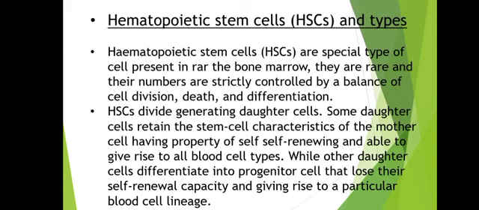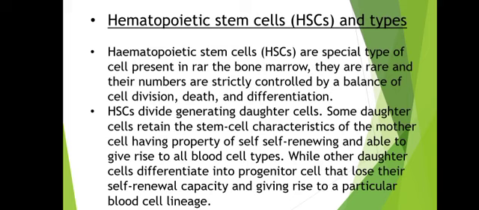HSCs divide and generate daughter cells. Some daughter cells retain the stem cell characteristics of the mother, having the property of self-renewing and able to give rise to all blood cell types, while other daughter cells differentiate into progenitor cells that lose their self-renewal capacity and give rise to a particular blood cell lineage.